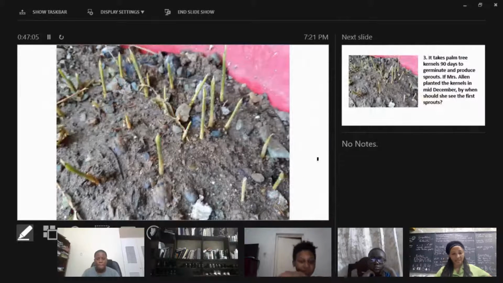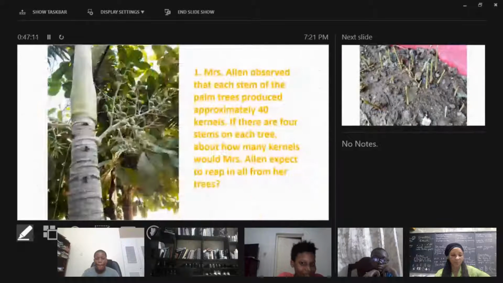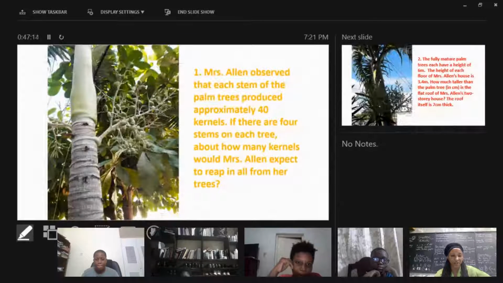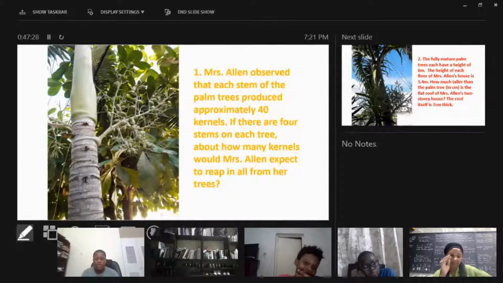So these are the palm kernels sprouting. For those who don't know what a palm kernel is, these are the green kernels. They are the seeds produced by the palm tree, and after some time they will become ripened and turn red. At that time they will fall off the tree and you can plant them.